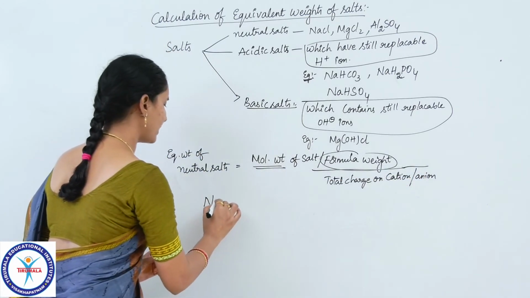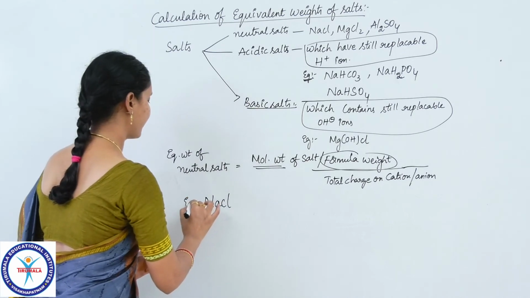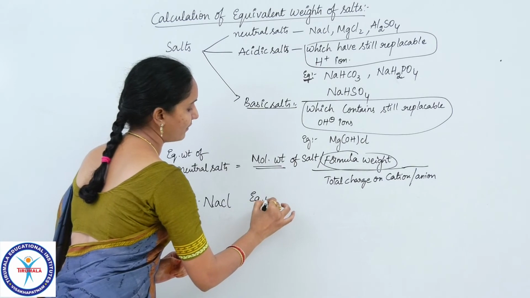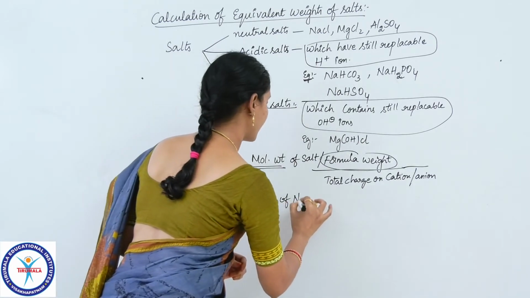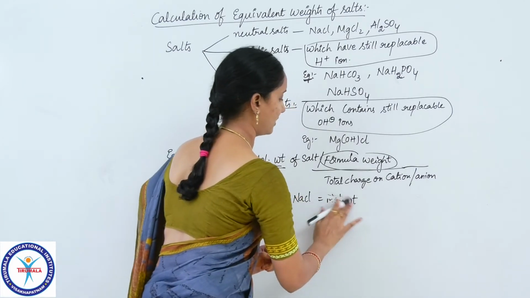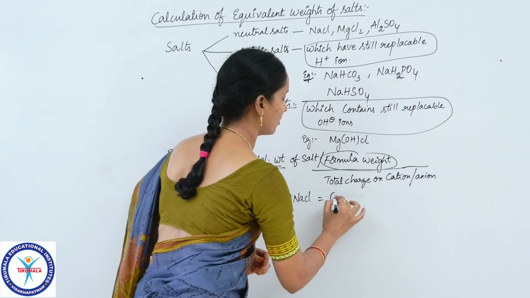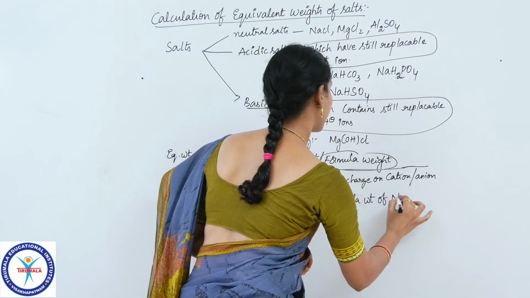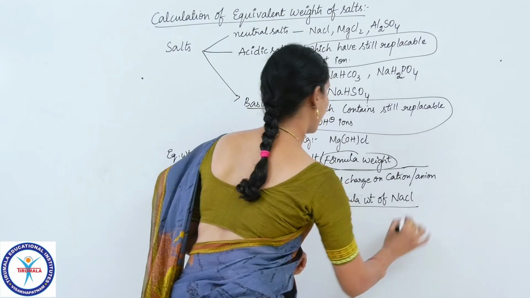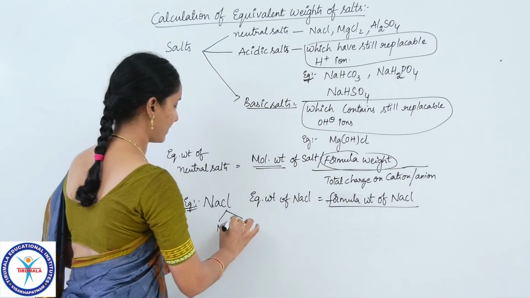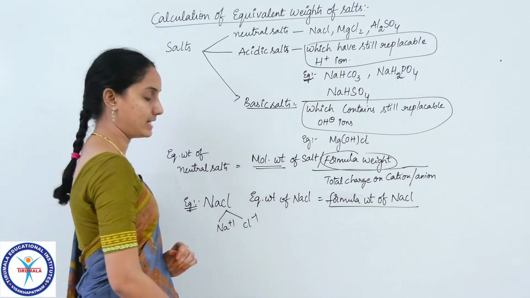So suppose you take NaCl as an example. Equivalent weight of NaCl is equal to the formula weight of NaCl divided by, if NaCl is split into ions, sodium will have +1 charge, chlorine will have -1 charge.